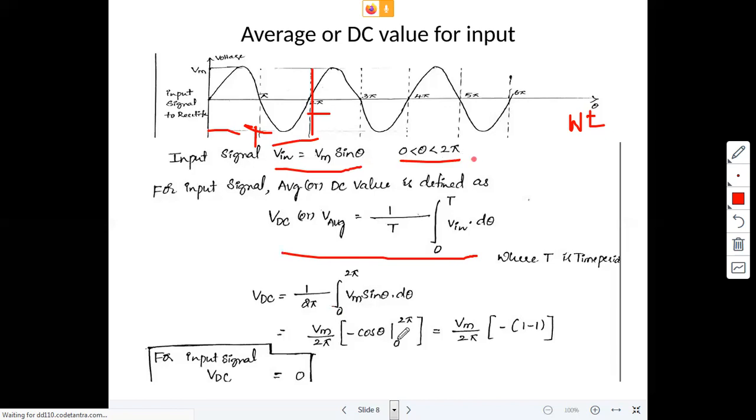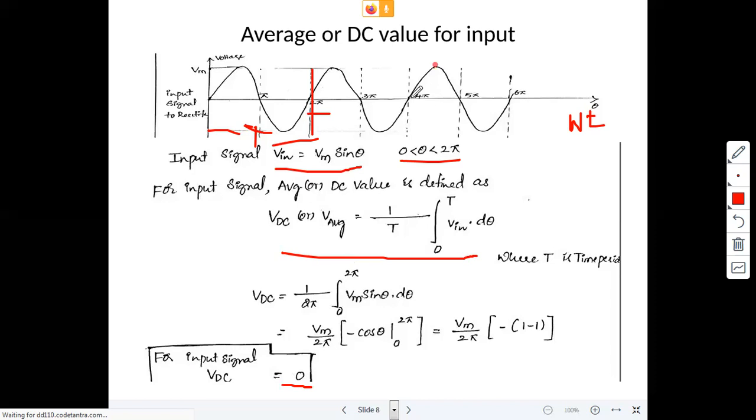Now if we simplify this, Vm by 2 pi, integration of sine theta is minus cos theta over the interval 0 to 2 pi, and that gives 0. So for the input signal, the DC value is equal to 0. What is the DC or average value?